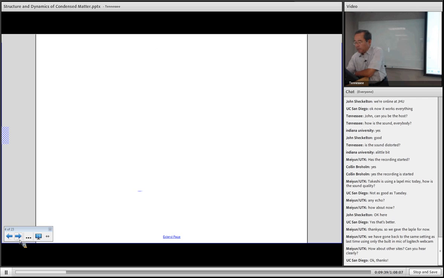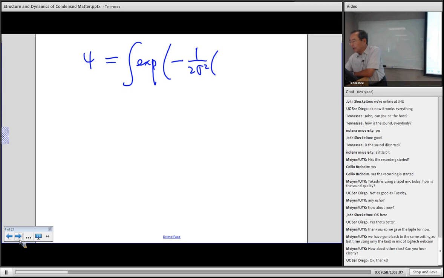Let's do the same thing in a different way: exponential of, taking 2σ² out, R² minus 2iσ²QR, and dR.